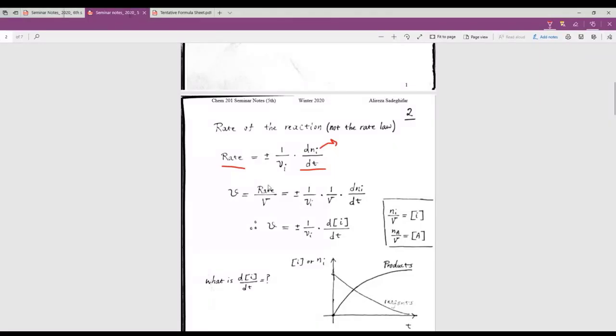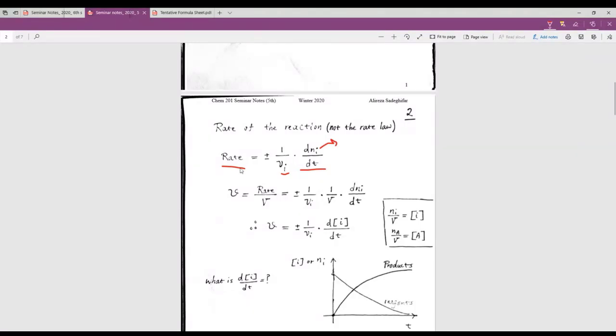We're going to need that a lot in the calculations, and I'll show you today. That's the definition. It's positive or negative 1 over nu i. Again, this is the stoichiometric coefficient of species i, times the change in the number of moles of species i over the change in time.